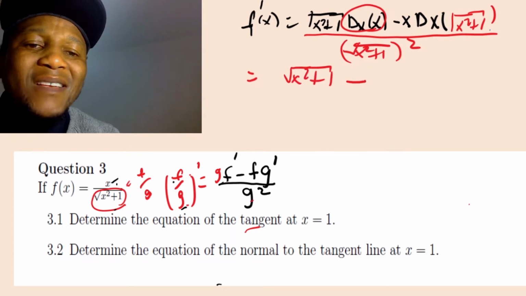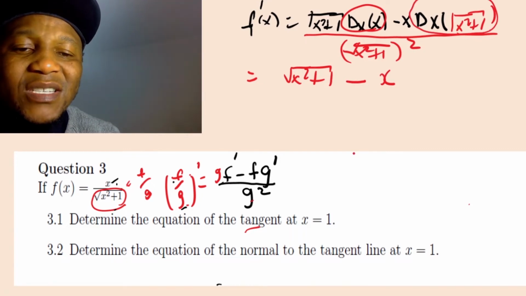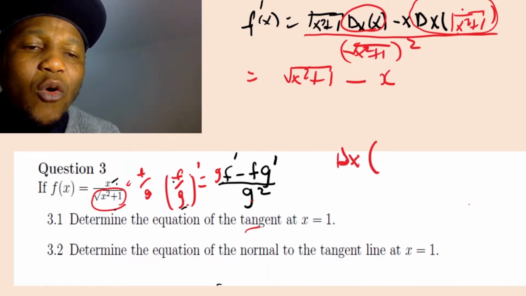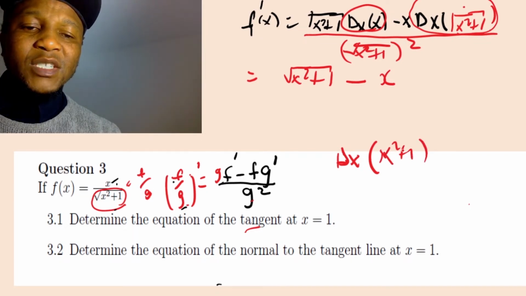Now we minus, we have our x. Now let's differentiate all of this, the square root. That means x squared plus 1 to the power half. Square root means half. Now let's differentiate.